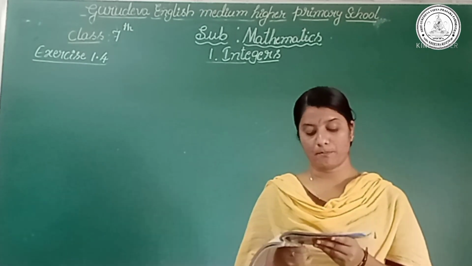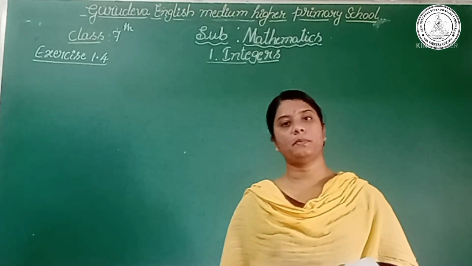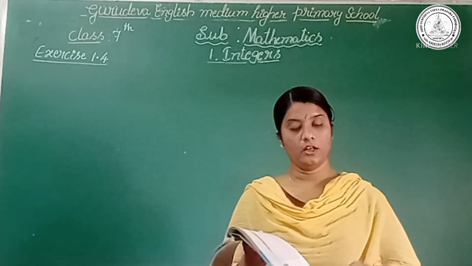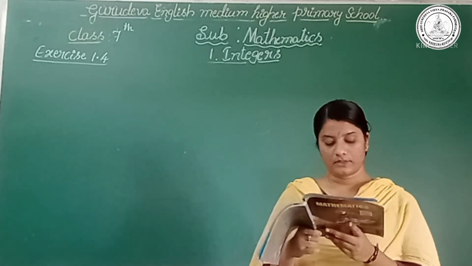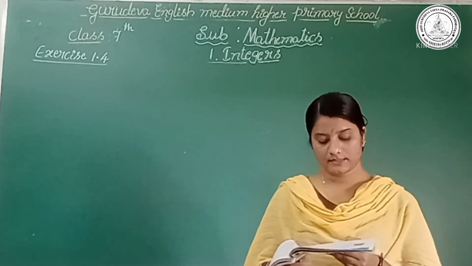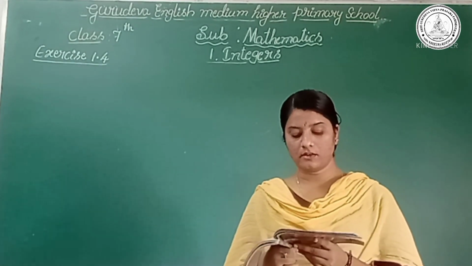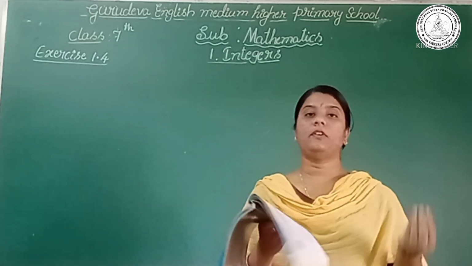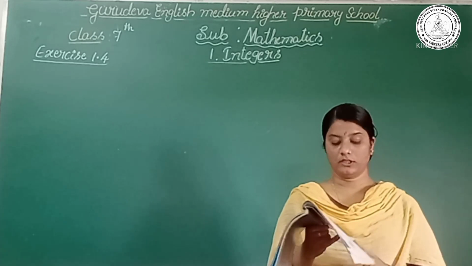So here it will be a mine shaft. Mine shaft means digging minerals below the ground for human purposes, right? The elevator descends into a mine shaft at the rate of 6 meters per minute. So in 1 minute it will go 6 meters below the ground.